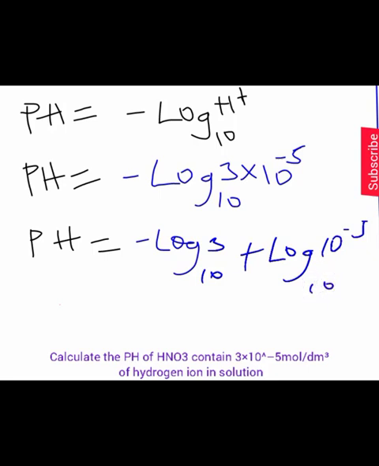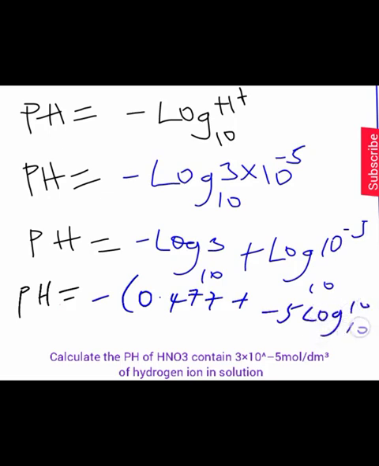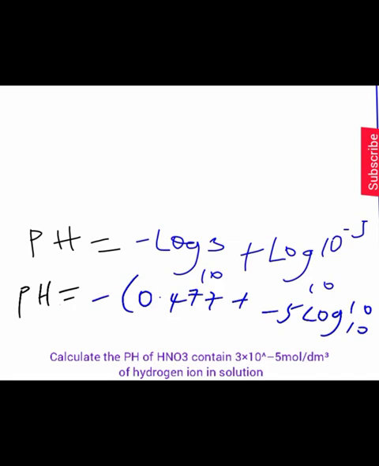Applying our logarithm rule, pH is now equal to minus bracket log 3 base 10, which gives us 0.477, plus log 10 raised to the power minus 5 base 10, as we did before, minus 5 log 10 base 10, close bracket.